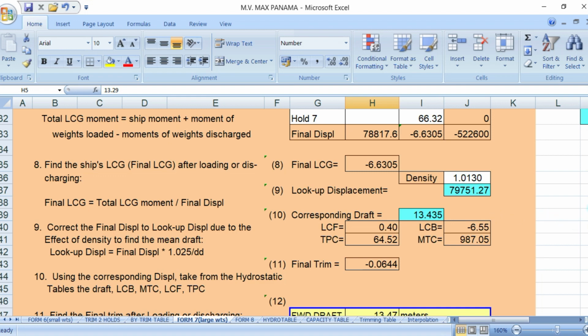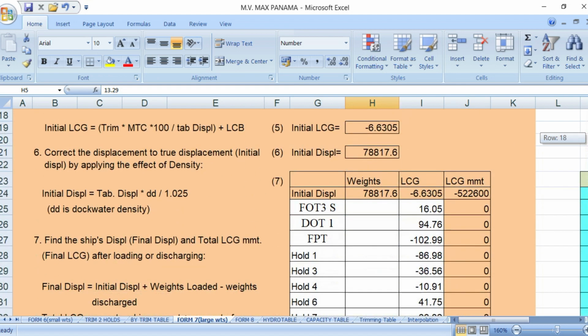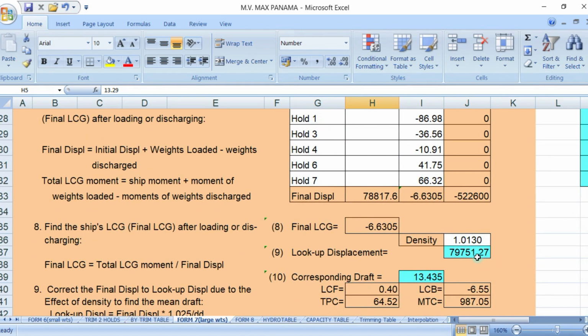Take note, guys, when she was floating in salt water of 1.025, the draft is 13.29. Remember, if the density is less than 1.025, which is now 1.013, he will have an increase in the draft.